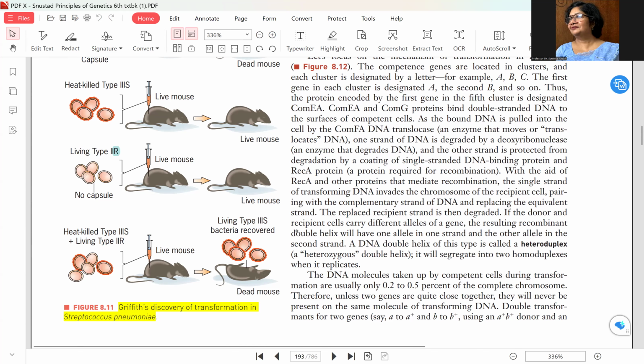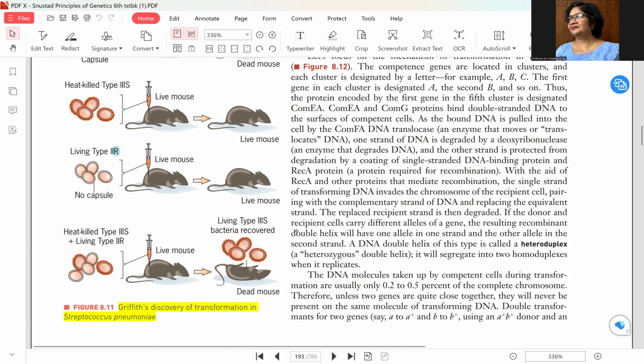This indicated that some kind of genetic information transferred from type 3S into type 2R cells, which made them virulent. Later on, scientists used combinations of different enzymes, including DNases, RNases, and proteases, to determine what was affecting this transfer process and hence what the nature of the transferred molecule could be.